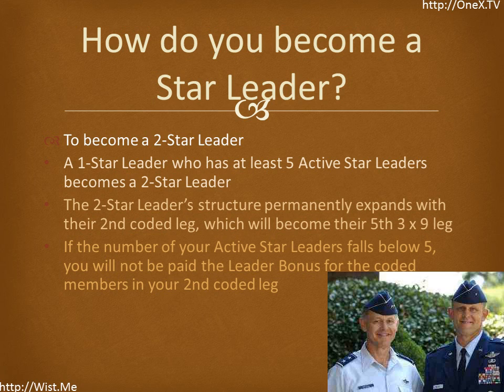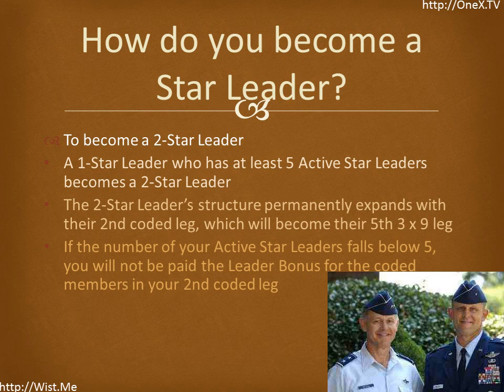Now we go to Stargate 2 to become a 2-star leader. To become a 2-star leader, first of all, you have to be a 1-star leader. And as a 1-star leader, you must have at least 5 active star leaders. So those 5 Stargate 4 members that you had, they have to become 1-star leaders.